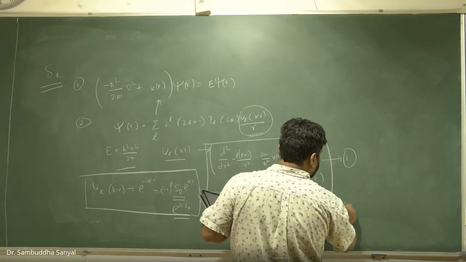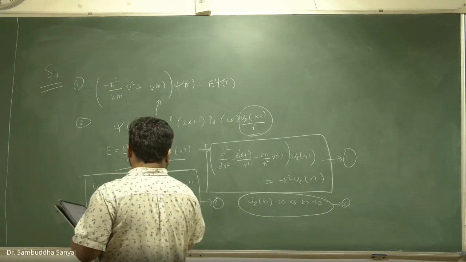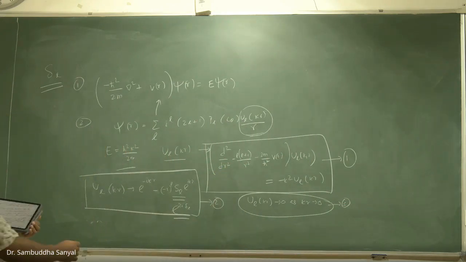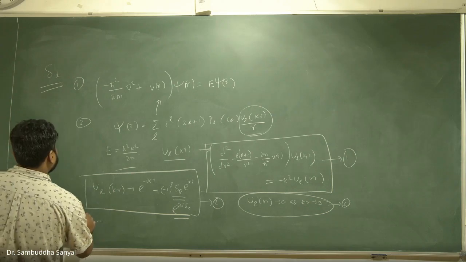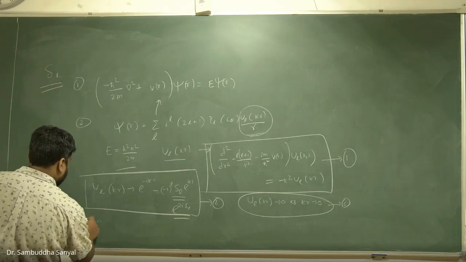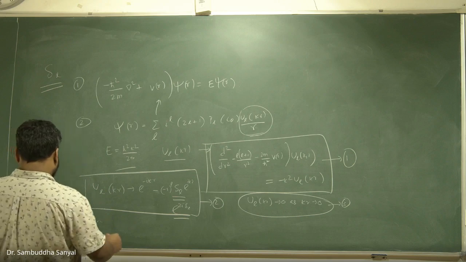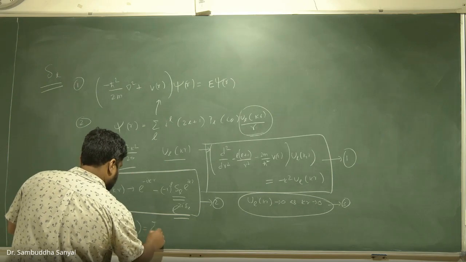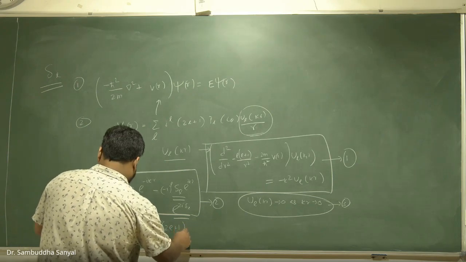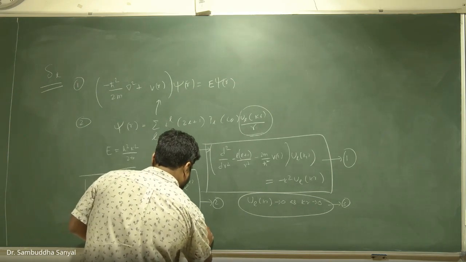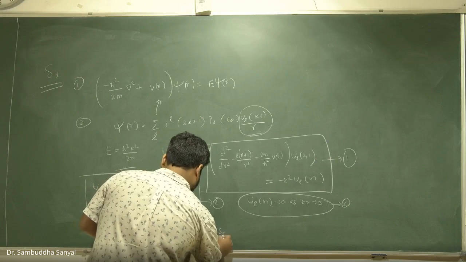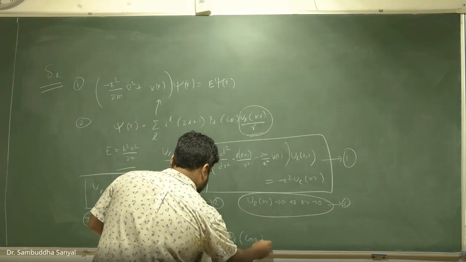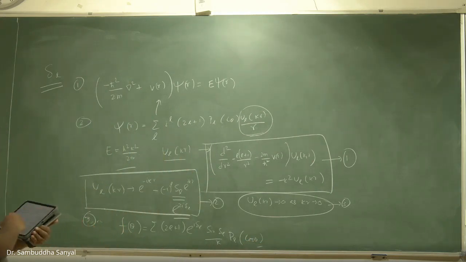So these three things we want to solve, and these three conditions we want to satisfy. These two are boundary conditions, this is the trial form, and this is the equation we want to solve. Once we solve this equation with these two conditions, the final job is to calculate f of theta as the sum of (2L plus 1) e to the power i delta L, sin delta L by k, P_L cos theta. That is it.